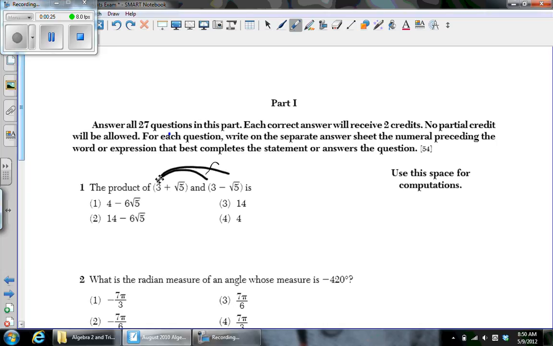So multiply that times that, this times this. Okay, so that gives us 9 minus 5. The middle terms cancel out, and we know the answer therefore is 4.